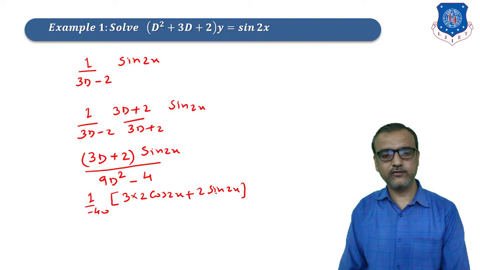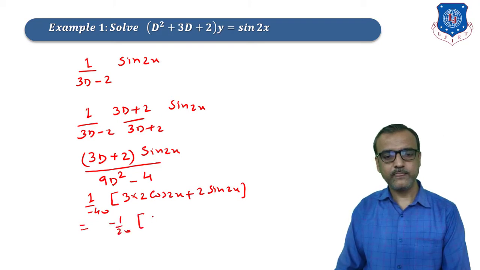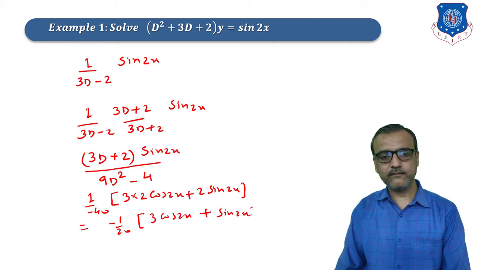Now we will simplify this result. Take 2 common from the numerator and multiply 2 by 1 by minus 40. So we will get minus 1 by 20 into 3 cos 2x plus sin 2x. At last we have to write down the general solution. y equals CF plus PI.